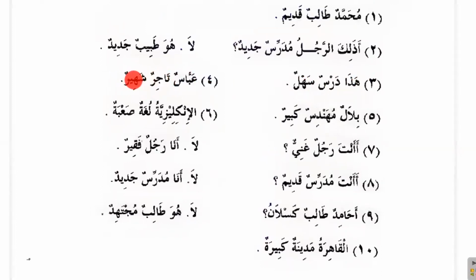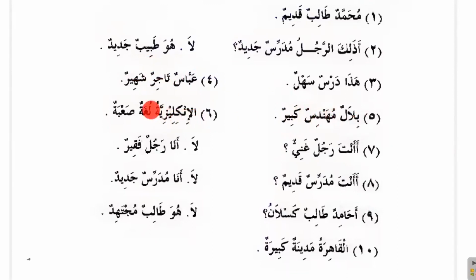Abbas is a popular merchant. Shahir means famous, someone who is popular, someone who is well known, so called shahirun. So Abbasun tajirun shahirun. Na'at wa man'ut. Bilalun muhandisun kabirun. Na'at wa man'ut.